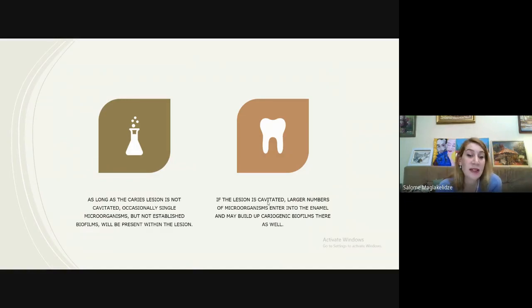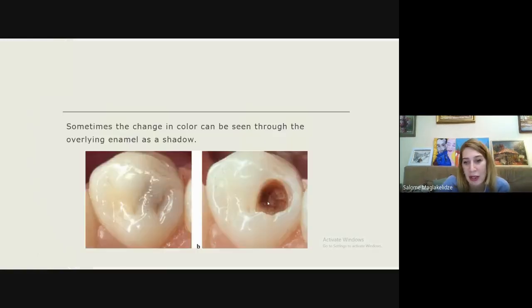As long as the caries lesion is not cavitated, occasionally single microorganisms but not an established biofilm will be present within the lesion. This means that when we don't have cavitation, like here, this cavity we made by ourselves, yes? In this place, we have single microorganisms, not the biofilm.